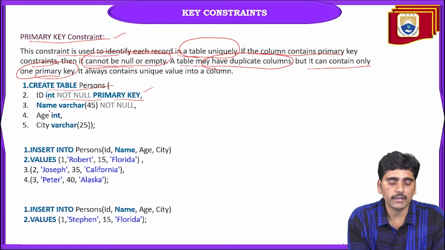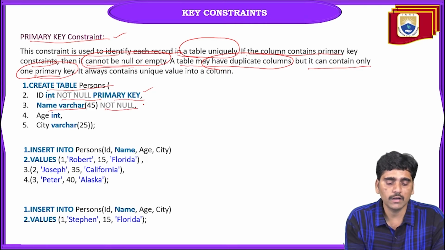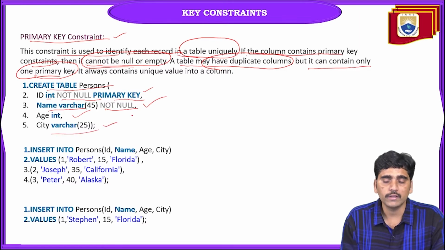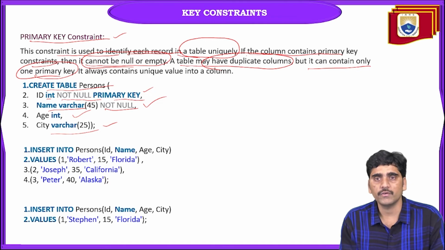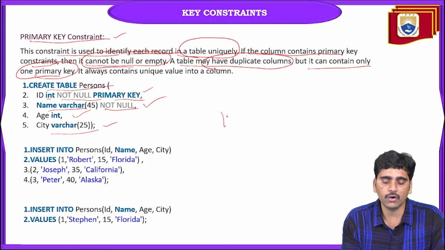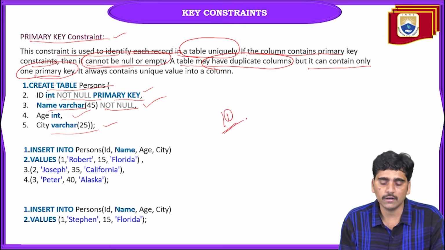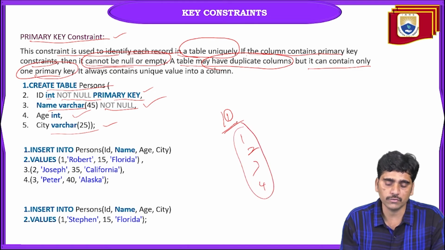And name is varchar, also not null, age is integer, and city is varchar. So here we are applying the primary key constraint for the ID column, so that the ID column has all non-duplicate values, as well as always having some value.